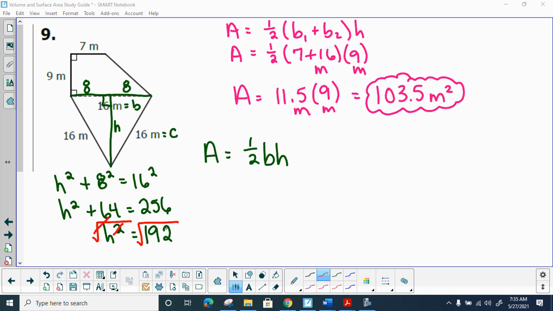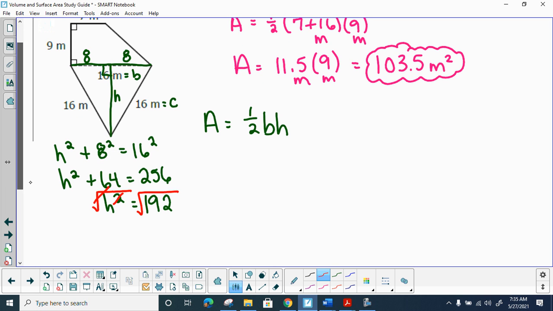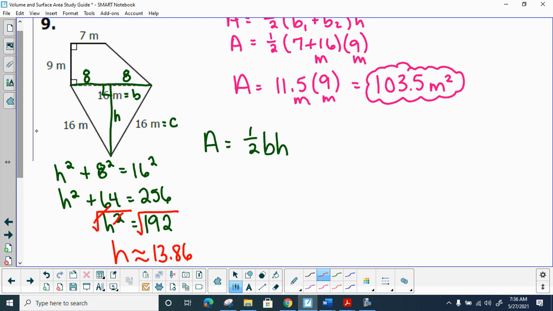Which is going to give me a long decimal, so I'm just going to let my calculator hang on to that. It's about 13.86, but I'm not going to use 13.86 in my problem. I'm actually just going to let my calculator hang on to the long decimal.